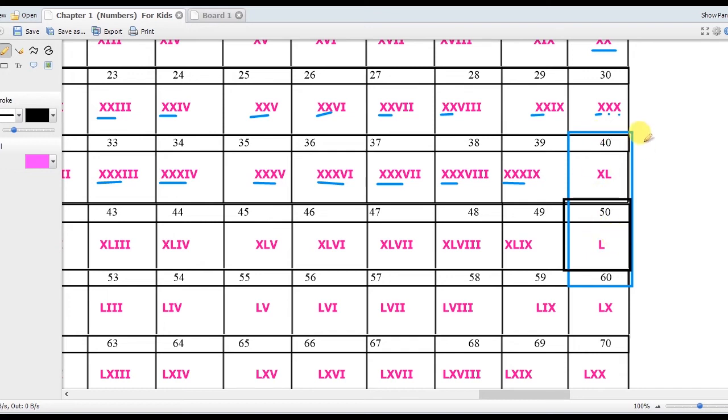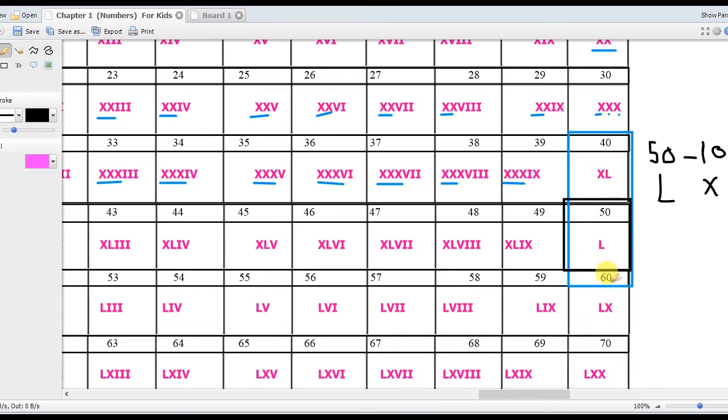So 50 minus 10 will give us 40, right? For 50 it is L, and for 10 it is X. Now the question is whether we should write X after L or before L. Simply, 40 comes before 50, so that's why we are going to write X before L.